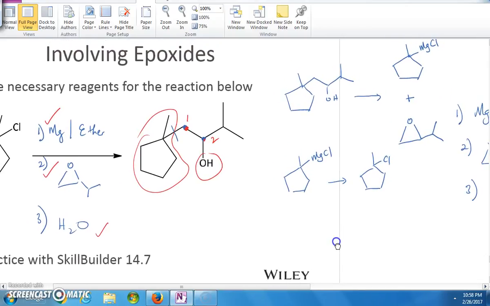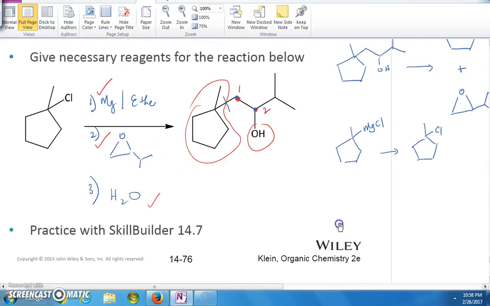To make your Grignard, you use magnesium and ether.